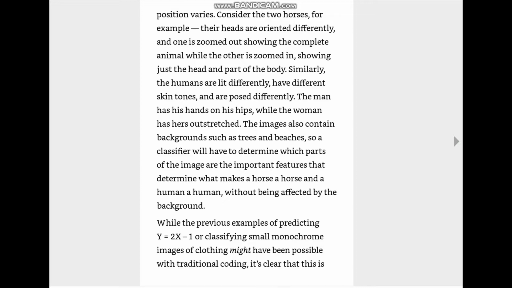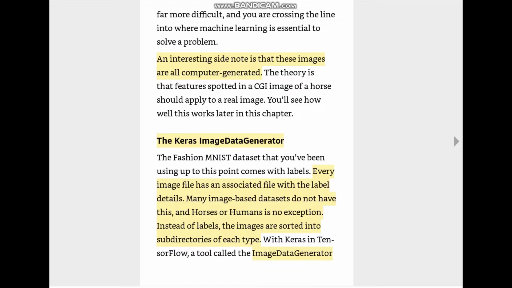While the previous examples of predicting y equals 2x minus 1 or classifying small monochrome images of clothing might have been possible with traditional coding, it's clear that this is far more difficult, and you are crossing the line into where machine learning is essential to solve a problem. An interesting side note is that these images are computer generated.